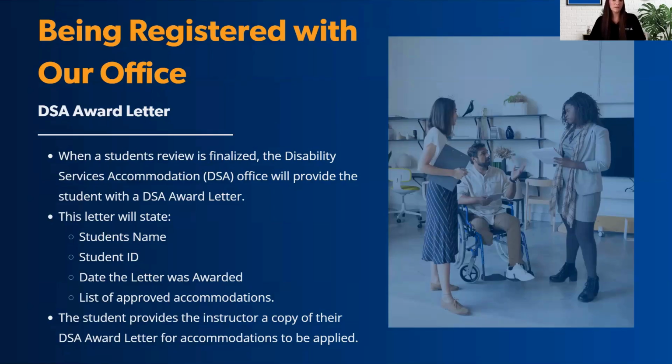Typically, a new award letter would only need to be issued if the student requires additional accommodations, experiences a change in their disability-related needs, or takes an extended break from their studies and later returns to the university. In those situations, our office may review updated information to ensure that the student's accommodations still appropriately reflect their current needs and academic environment.